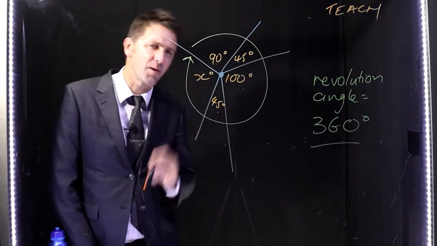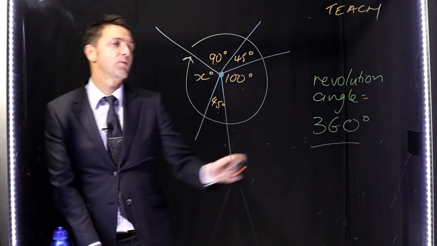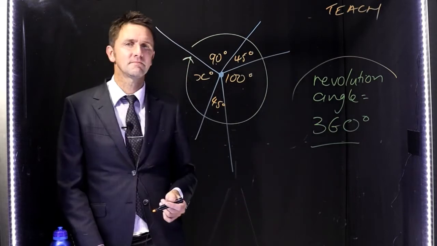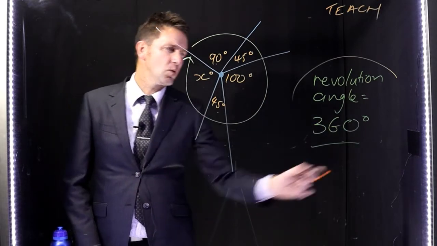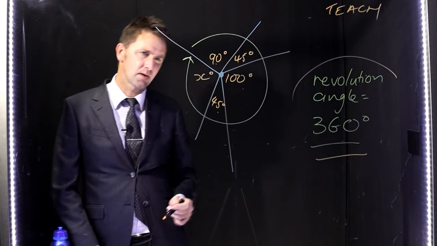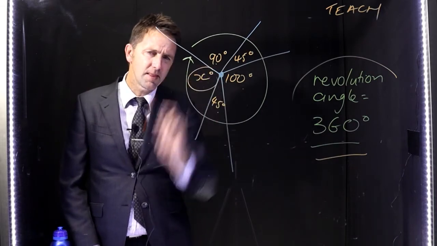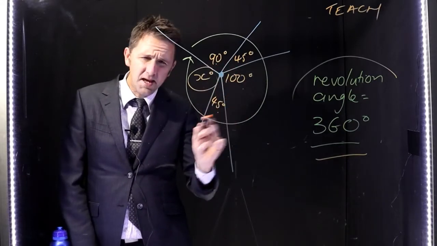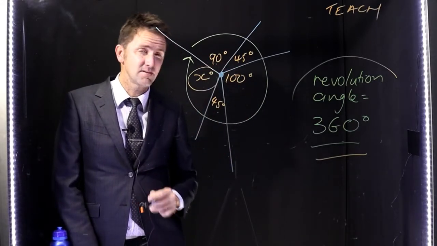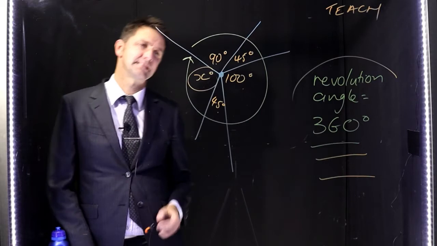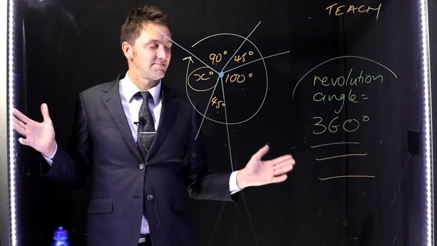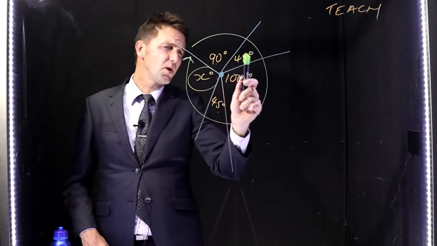You should know, or at least I'm teaching you, that the revolution angle, or angles around a point, all come together to equal 360 degrees. So this missing value, when added to all these other values, is going to total 360 degrees. So this is really an add and subtraction sum. Guys, you've got to add up all of this.